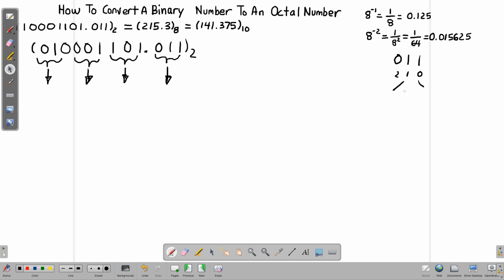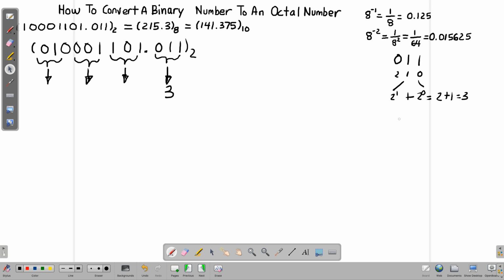So we have 2 to the first power, because that's in the first position, and we add 2 to the 0th power, because the 1 is in the 0th position. This comes out to 2 plus 1, which equals 3. So 3 goes here.